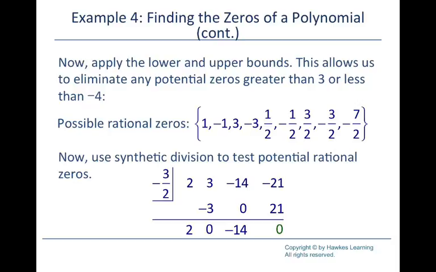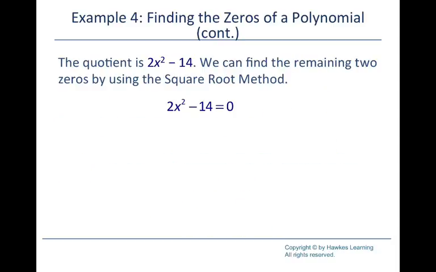Okay, so now we have found one factor, which is x plus 3/2. And we started with a cubic function, so now we're down to 2x squared minus 14. Okay, and then we can find those roots using the square root method. So we had x plus 3/2. So we have one root, x plus 3/2.